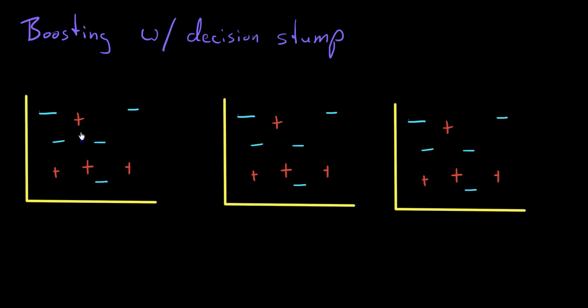So let's start off here. Let's do our decision stump. This is going to be step 1. The second one's going to be step 2, and we'll just do a 2-round, a 2-iteration boost, and then the final one will show how it combines together. So let's do this first decision stump and say our best answer that we get, we go through all the different combinations, and this is the best split right here.